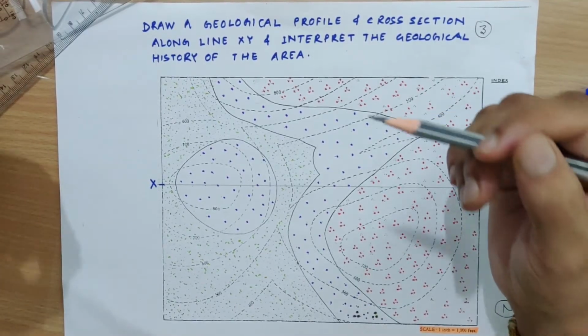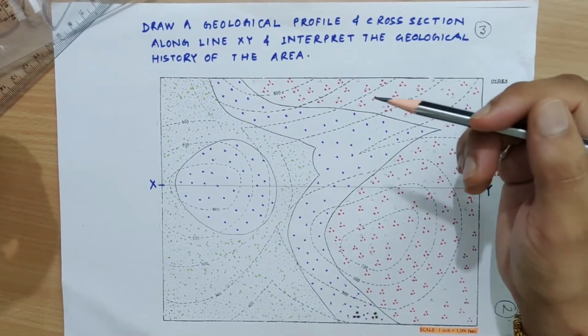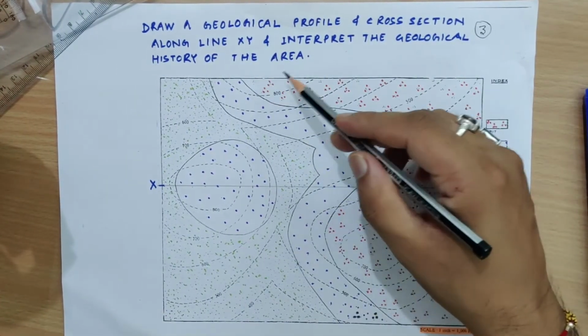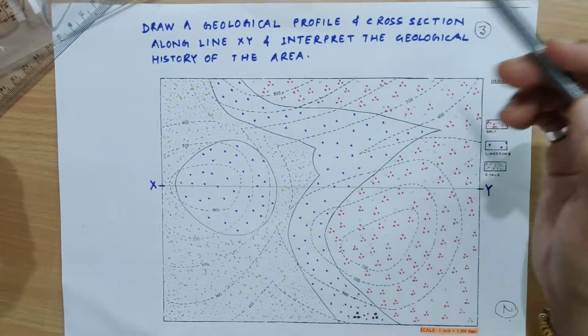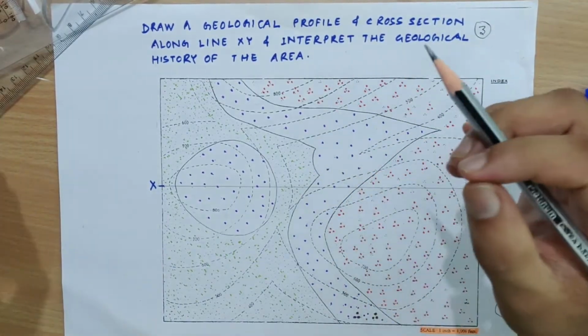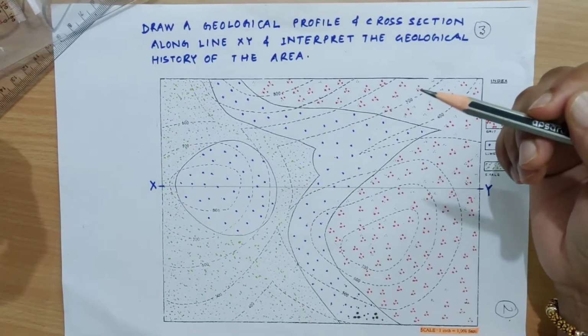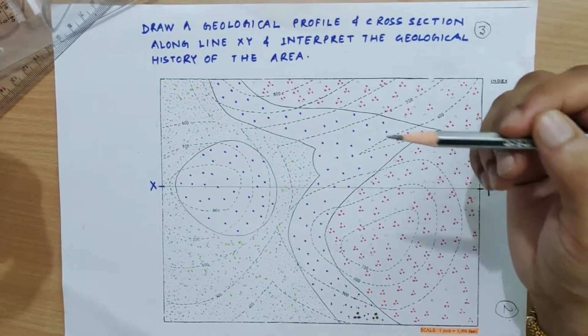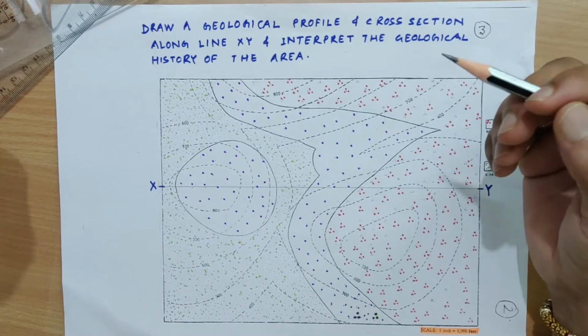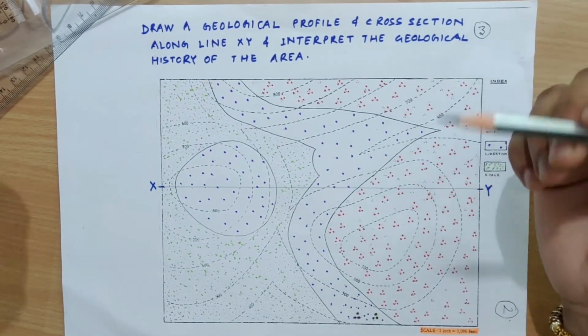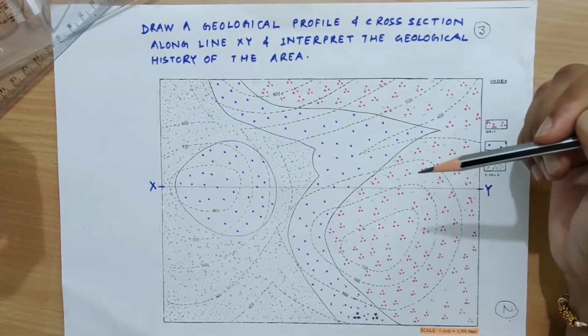The relief of this area is varying between more than 300 feet to less than 900 feet elevation. The minimum relief of this particular area is more than 300 feet but less than 400 feet, and the maximum relief of this particular area is more than 800 feet but less than 900 feet.